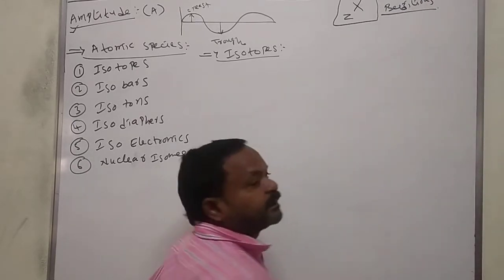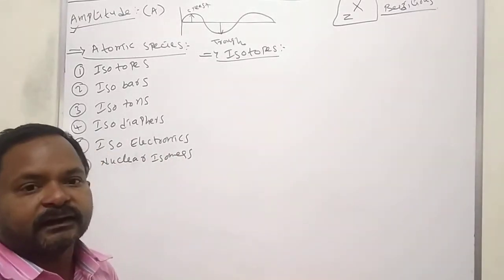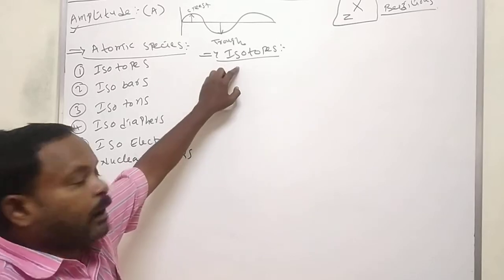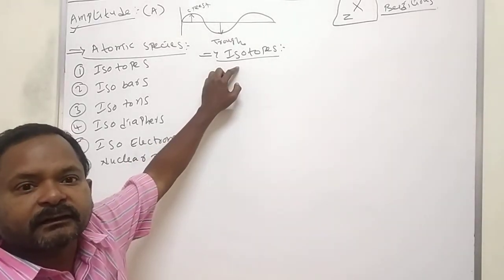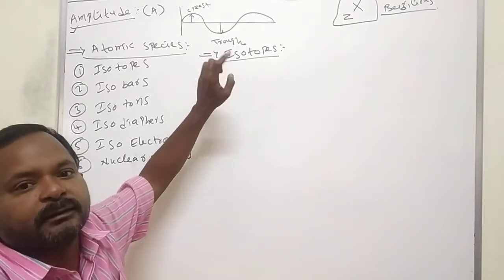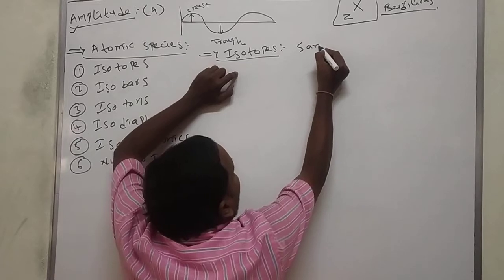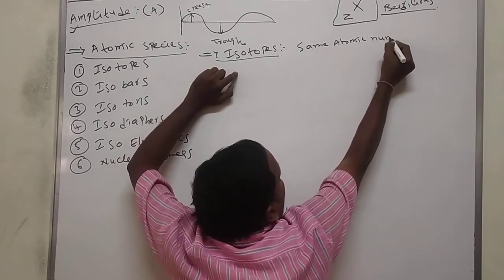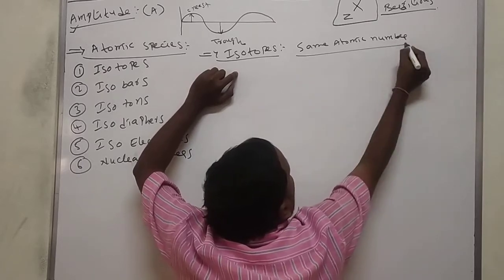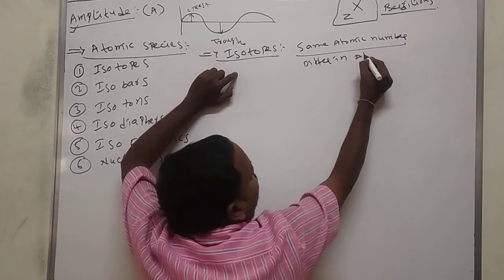This is the Berzelius representation. Already I said this before when we saw the atomic number. Isotopes: same atomic number, differing atomic mass.